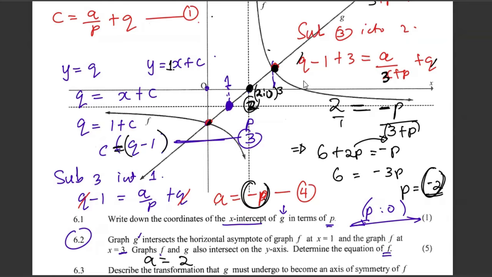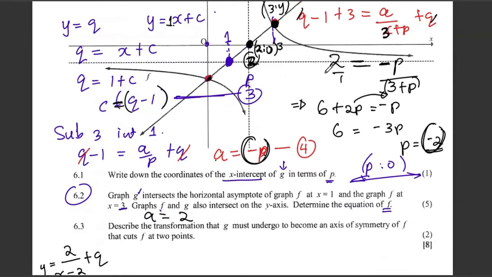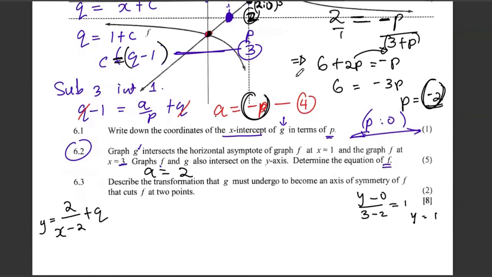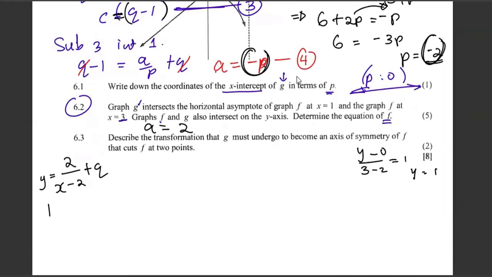So if I have this as a 3 and a y, because I need 1 point at least to get my q value, I'm going to say that y minus 0 over 3 minus 2 must give me a 1. So this is a 1, meaning that the y value is a 1. So this point here is a 3 and a 1. If 3 and 1 is what we're using, it's going to be 1 is equal to 2 over 3 minus 2 plus a q.